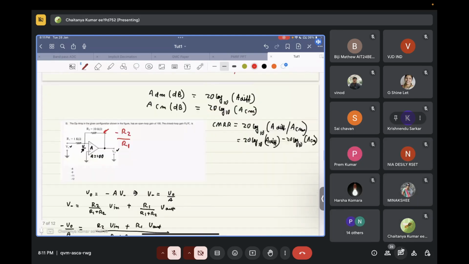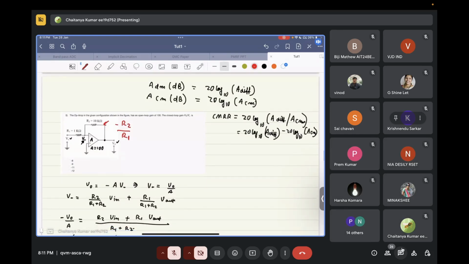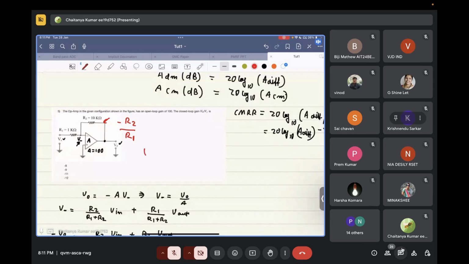So in that case, we can quickly substitute the values. Our V out by Vs in this case will be equal to minus R2 by R1 times A R1 upon R1 plus R2 divided by 1 plus A R1 upon R1 plus R2.